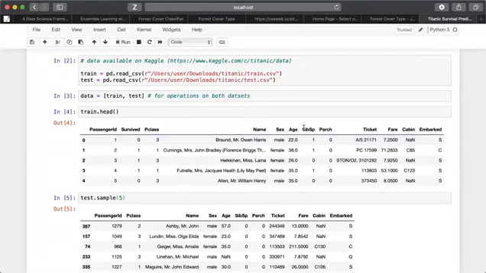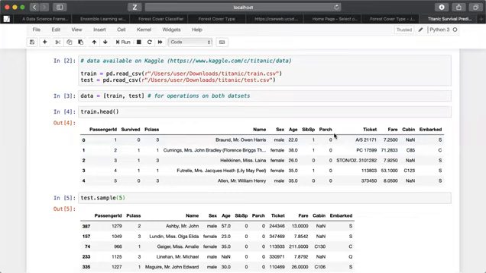Then the next column is SibSp, which has values like 0 and 1. As given in the Kaggle data set, SibSp comprises the siblings or spouses accompanying that passenger. For the first row, the 1 means that passenger had one sibling or spouse. I will cover more on this later.